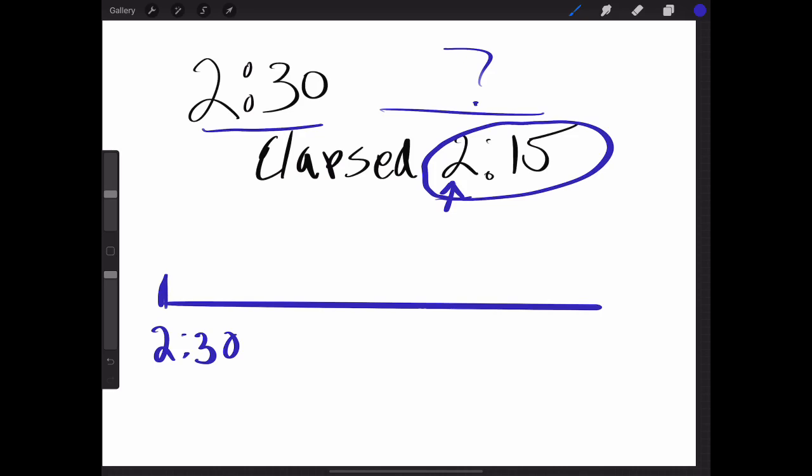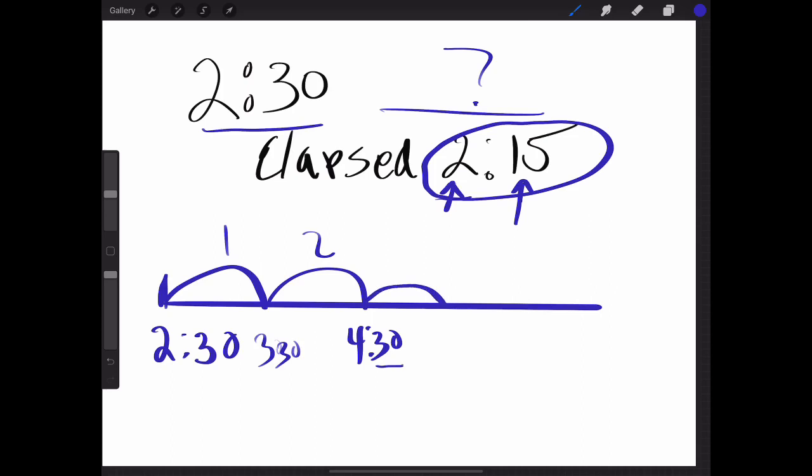So here's 2:30. 1 hour would be 3:30. 2 hours would be 4:30. Now, we're going to move over to our minutes, and we're going to go up 15 minutes from 30.